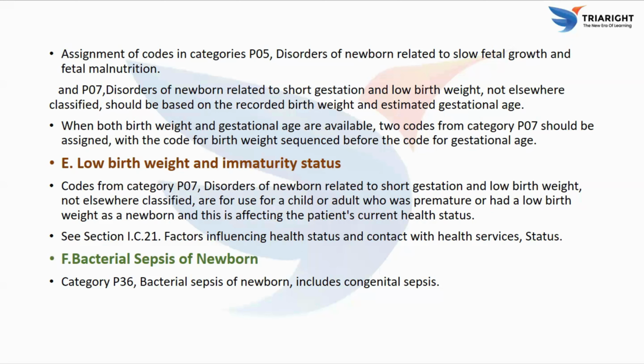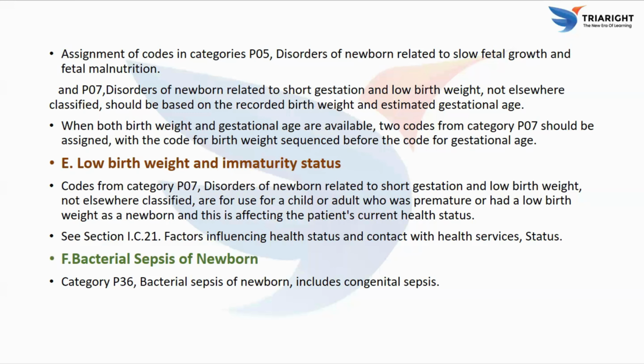So example, if a baby is born at 1900 grams and 33 weeks gestation, you would assign P07.1 for birth weight, that is firstly coded, and followed by the secondary code P07.35, which describes the gestational age, that is 32 to 33 weeks. So this is how you have to code birth weight and gestational age.